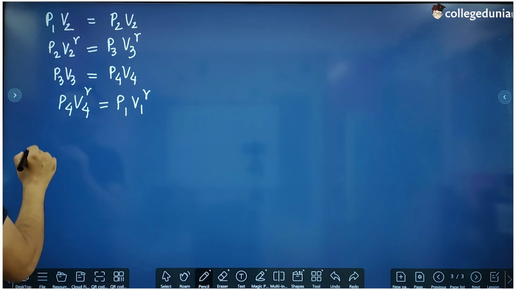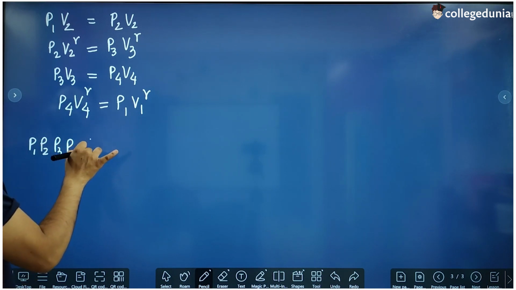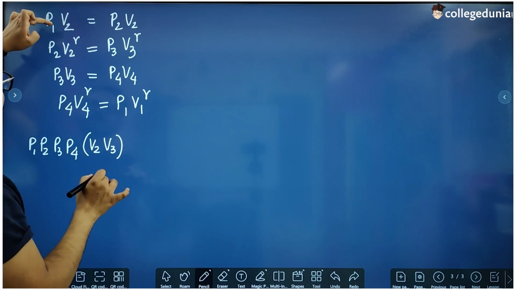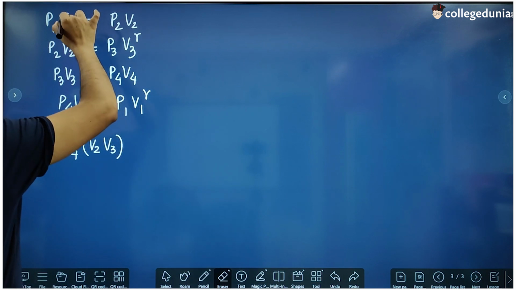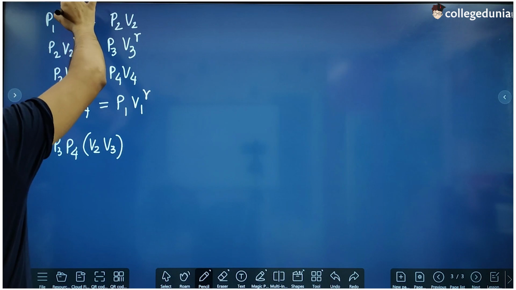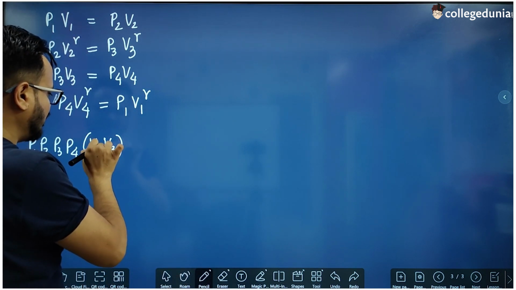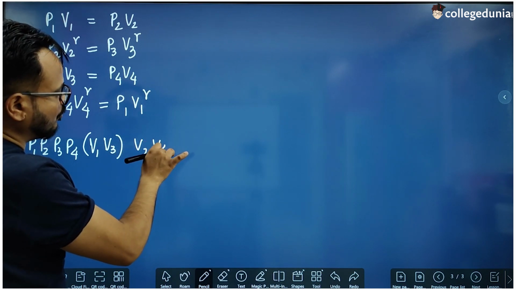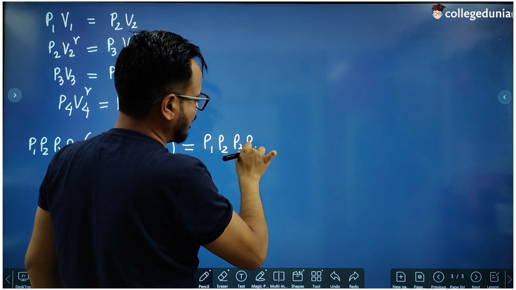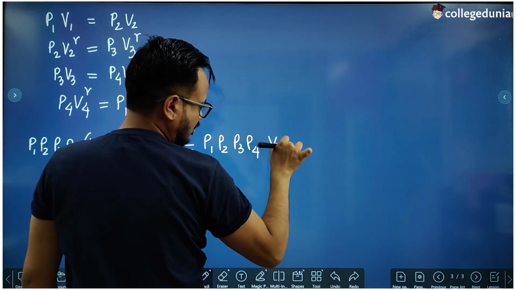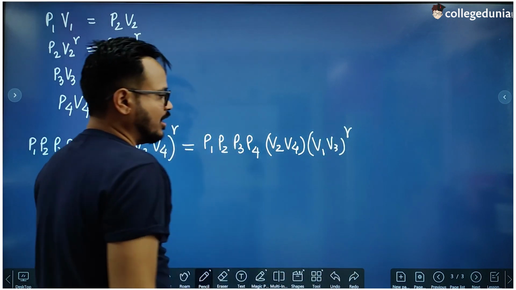Okay. Now if we multiply all these, we get P1 P2 P3 P4 into V2 V4 raised to power gamma equal to P1 P2 P3 P4 into V1 V3 raised to power gamma.